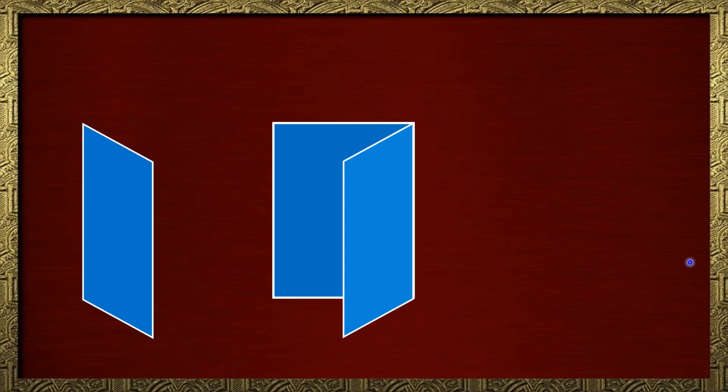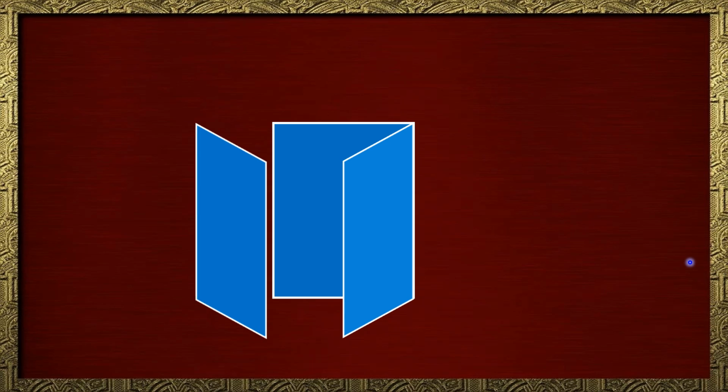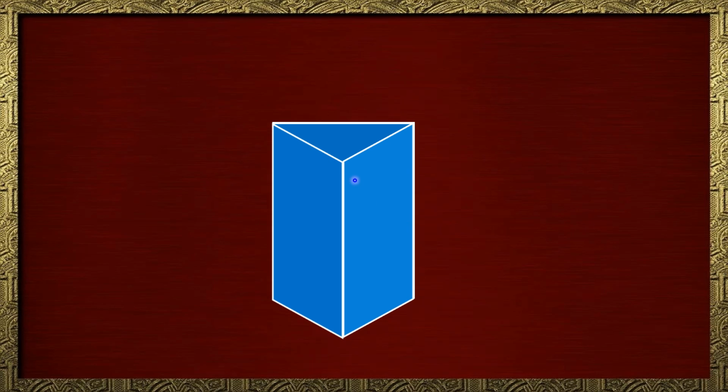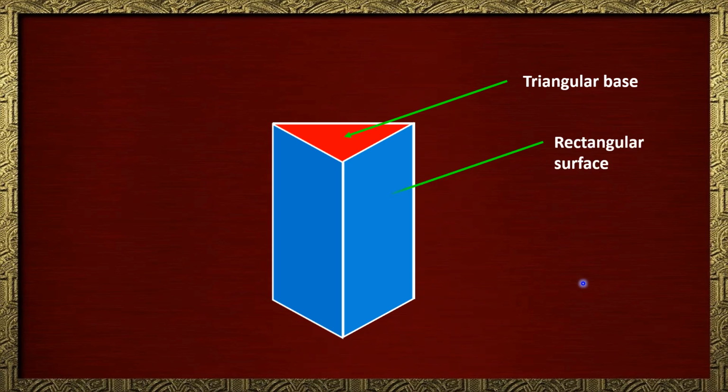See here, that's all. A prism has been formed. So there are three rectangular plane surfaces and two triangular bases. This is a triangular base. What about this? This one is the rectangular plane surface.